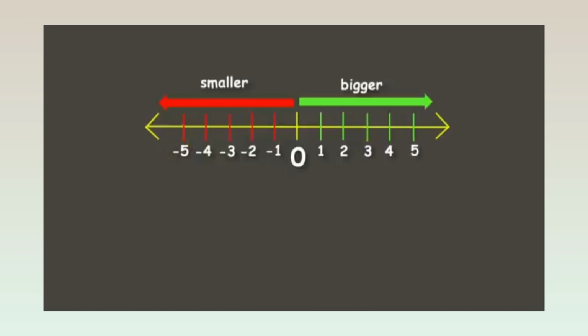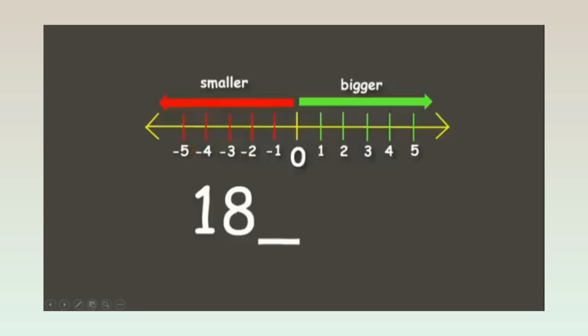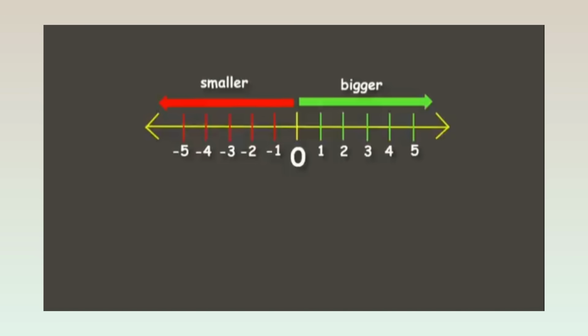Very good. Moving on to next. -4 or 1. If you see, -4 is on the left hand side, 1 is on the right hand side. One is negative, the other is positive. So obviously the positive number is greater. We can say 1 is greater. Comparison between again a positive number 18 and a negative number -25. So without any delay we can say that 18 is greater than -25.